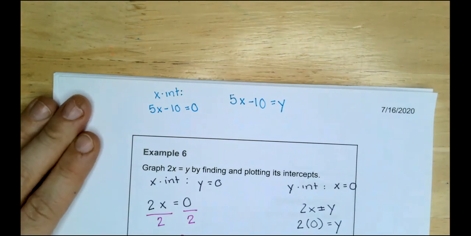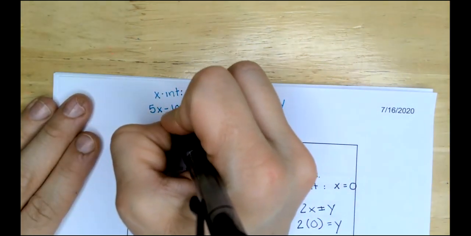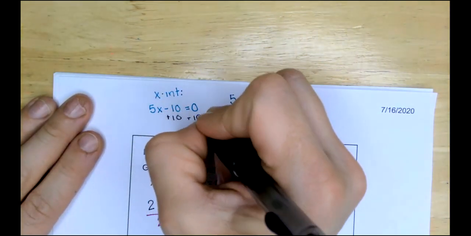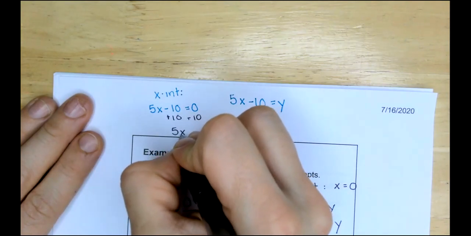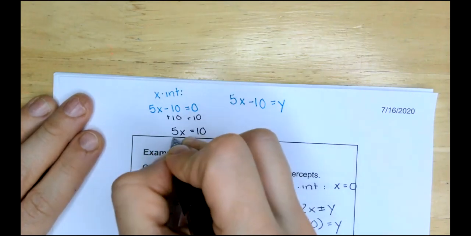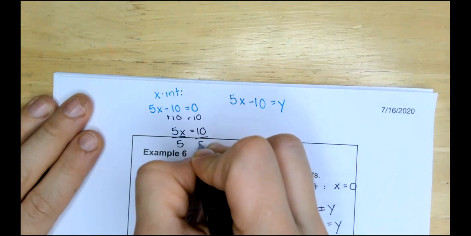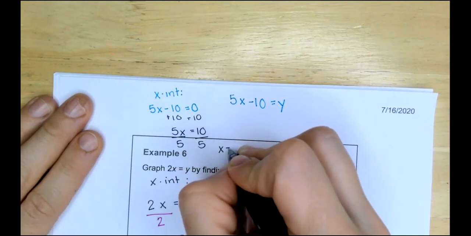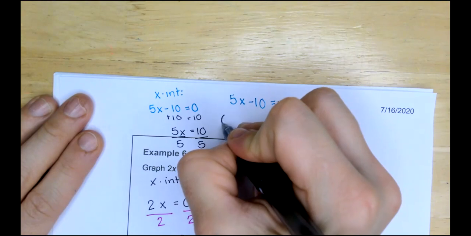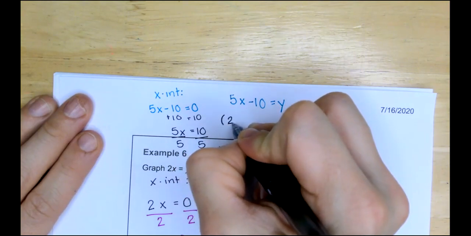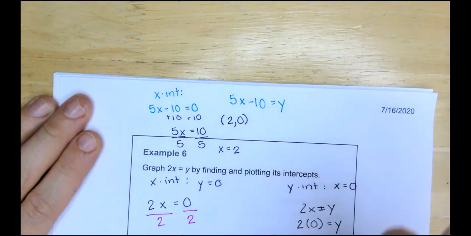Good. Then we're just going to solve for x. So I'm going to add 10, and I'm going to get 5x is equal to 10, divide by 5, divide by 5, and I get x is 2. So that point is going to be 2, 0. That's my x-intercept.